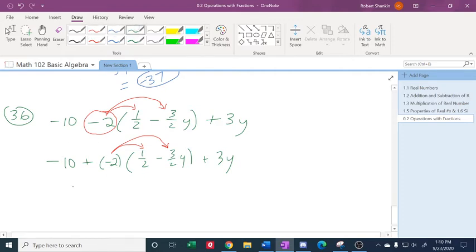Now this is, remember when I said we're going to eventually be able to do this in our head? Let's try doing this one in our head. If I take this, remember I got to make it a fraction. Distribute it to the first one. Negative 2 times 1/2. The 2's are going to cancel each other out.